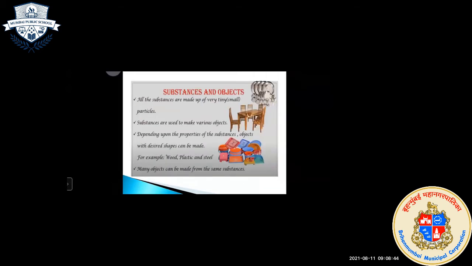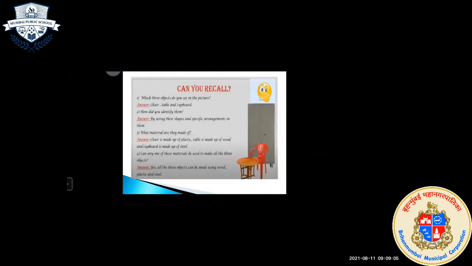Now I am going to explain the meaning of substance and the meaning of object. Substance means the material. As in the first slide we have seen, the material used for the chair is plastic. So plastic is a substance.